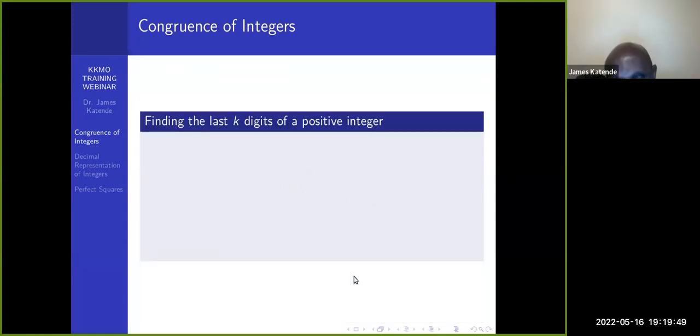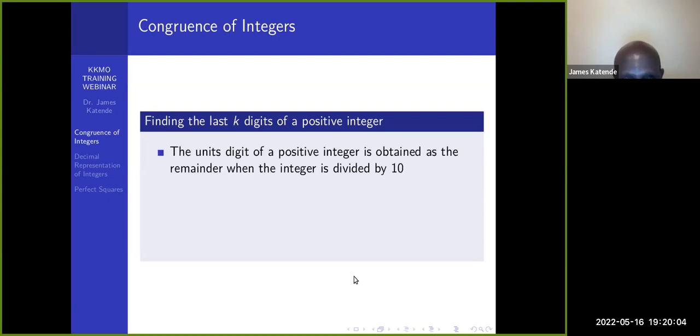So now we want to see how we can apply some of these properties in certain problems that appear in Olympiad. So here is one trick. If you want to find the last k digits of a positive integer, the last digit, that's the units digit, is simply the remainder when the integer is divided by 10.